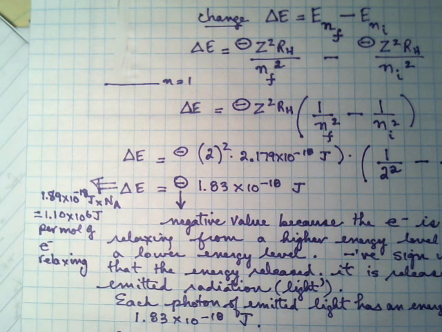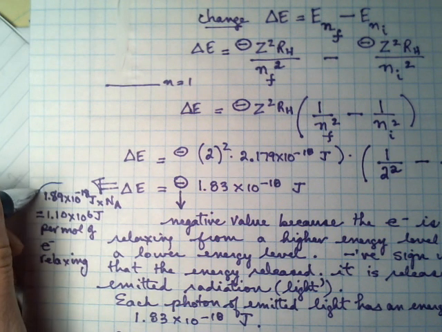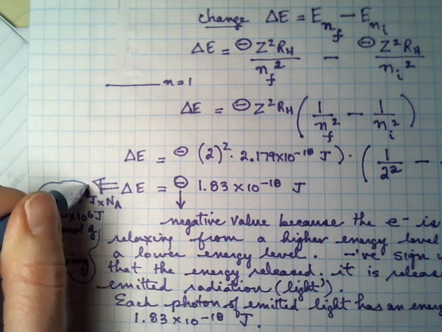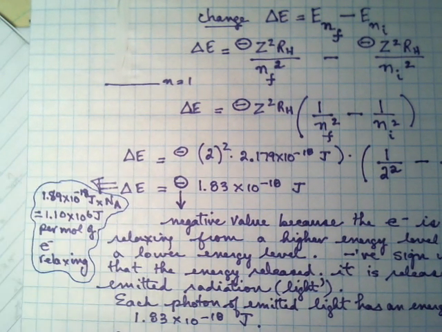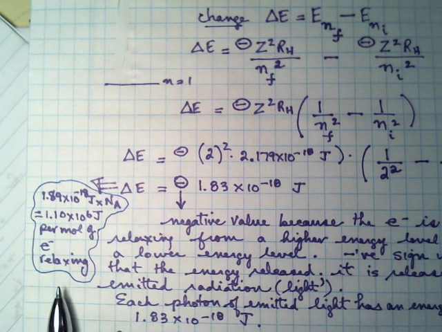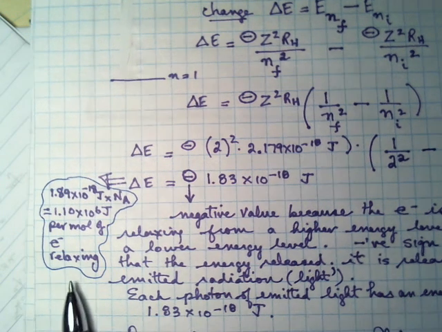Okay, 1.10 times 10 to the 6 joules per mole of electrons relaxing. So I have that many moles of electrons relaxing, I have that many moles of photons emitted.